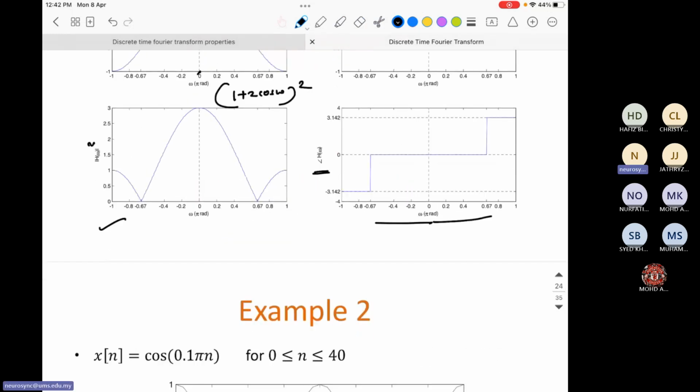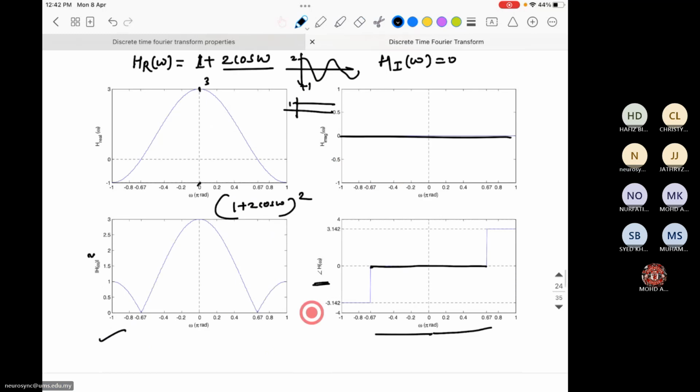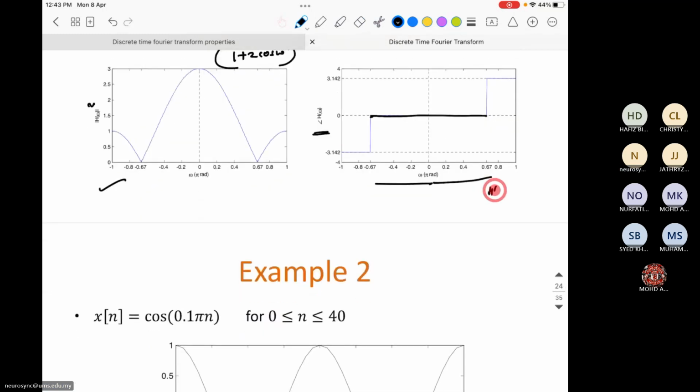So the angle plot you can plot like this. This is having 0 value for h of omega greater than or equal to 0. And for h of omega less than or equal to 0, in that case, it is minus pi. And for h of minus omega less than 0, it is plus pi. So this is pi and minus pi for this value and this value. Like this, you can plot the angle.